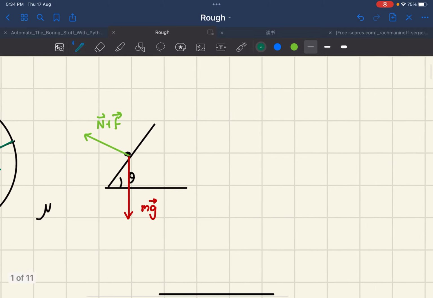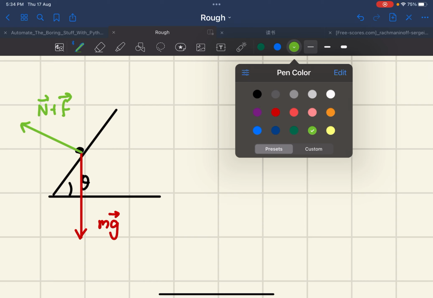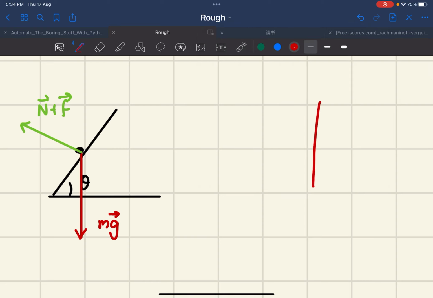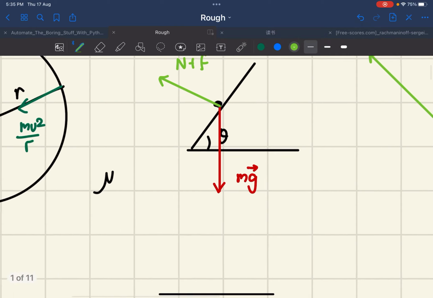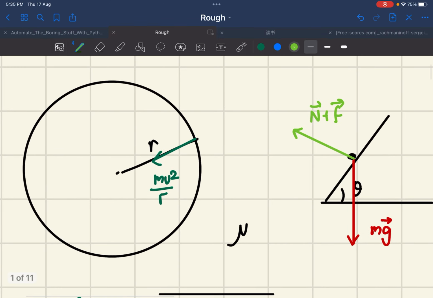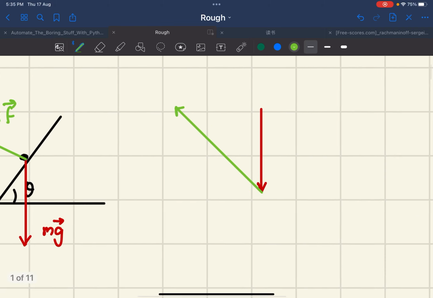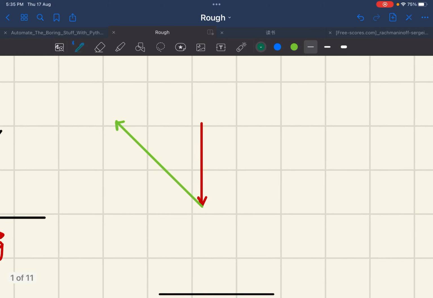Now mg plus N plus F equals the net force. We know that the net force must be horizontal and point towards the center of the circle in order for there to be circular motion around the track.